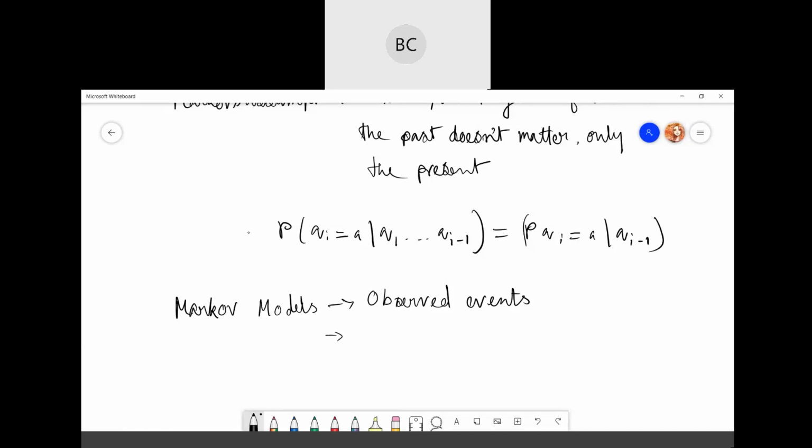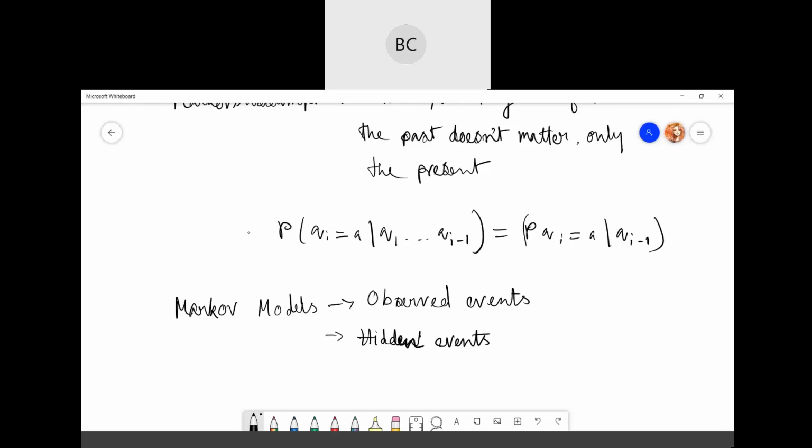Okay. Then there are hidden events. Hidden events are something which basically depend on your conditions.